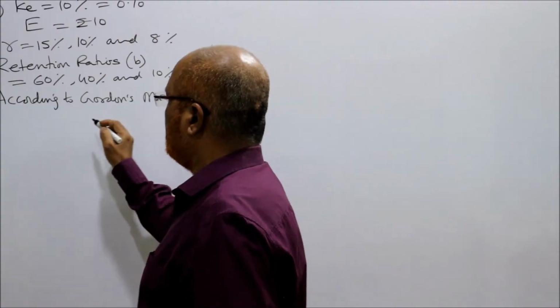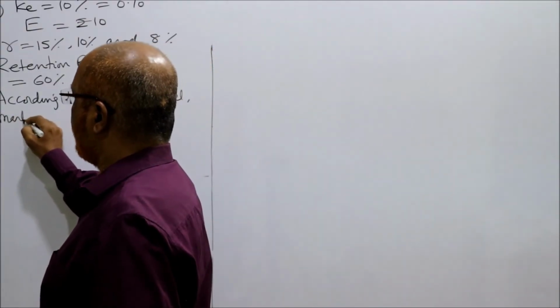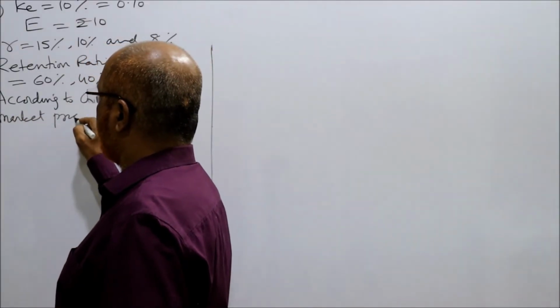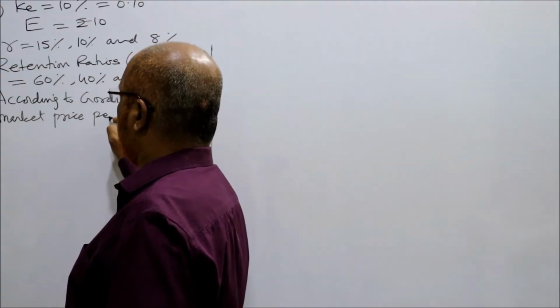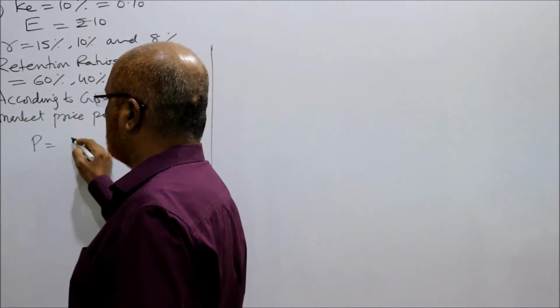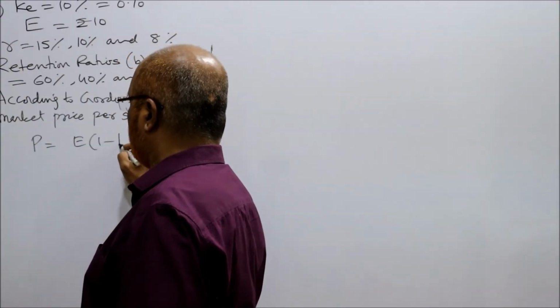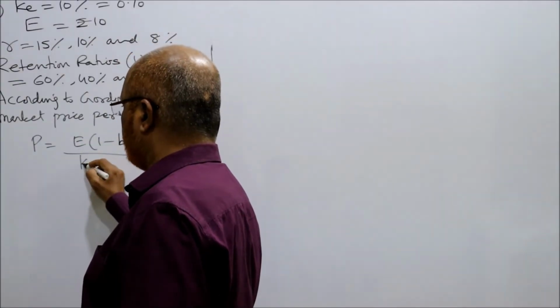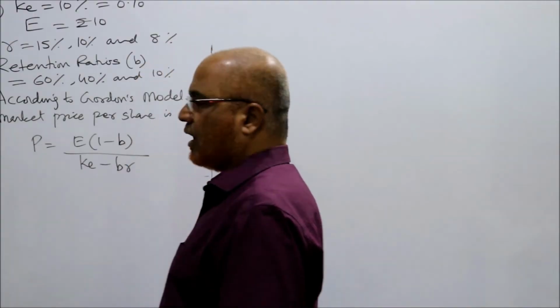According to Gordon's model, market price per share is P is equal to E into 1 minus B divided by KE minus BR.